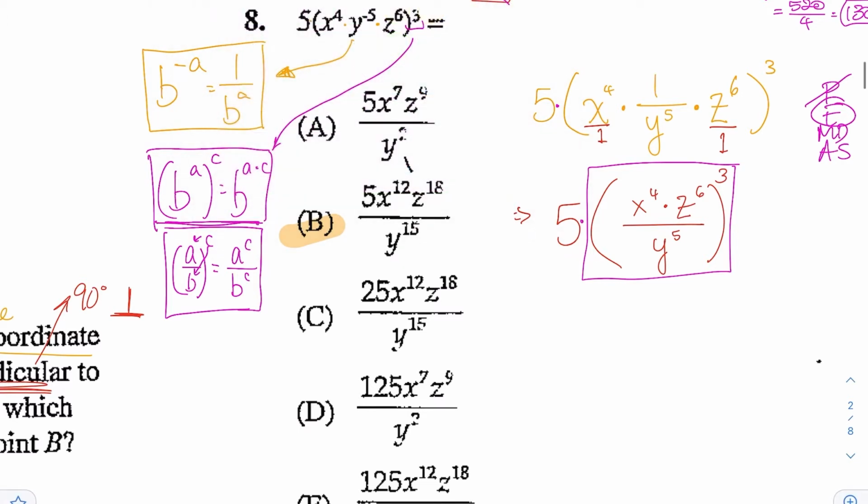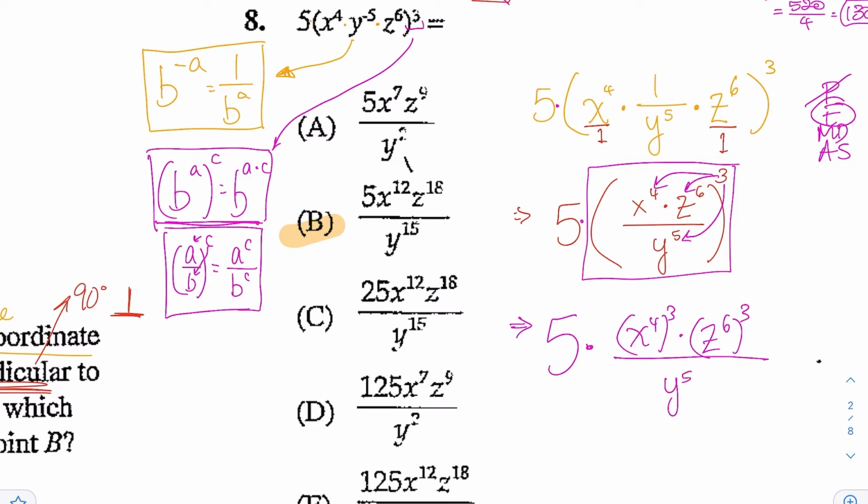To do that law, you will just take this 3 and apply it to the 3 things inside the parentheses. And that'll give you 5 times x to the 4th to the third power times z to the 6th to the third power, divided by y to the 5th to the third power. And then you can use this law of exponents here to do a power to power.